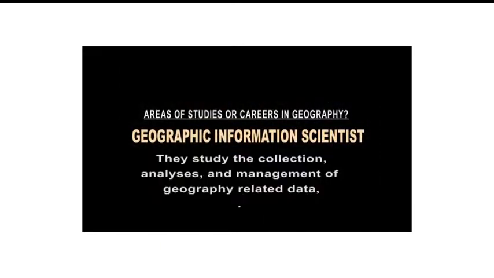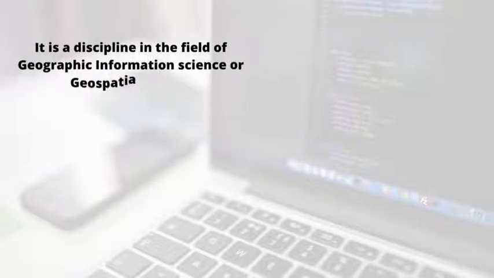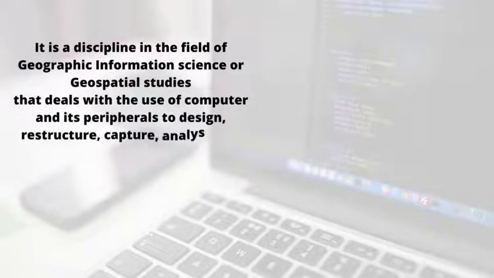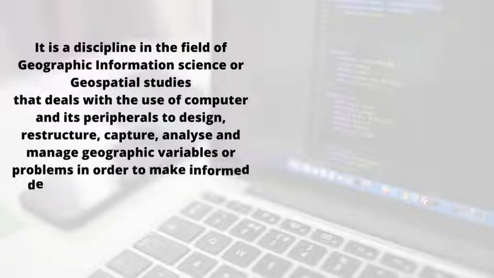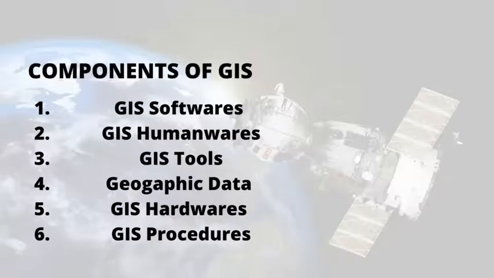It is the art and science of the use of computers and their peripherals to design, reconstruct, capture, analyze, and manage geographic-related problems, as well as to make informed geographic decisions in any area of geography, which can be edaphic, geological, hydrological, environmental, or agricultural.